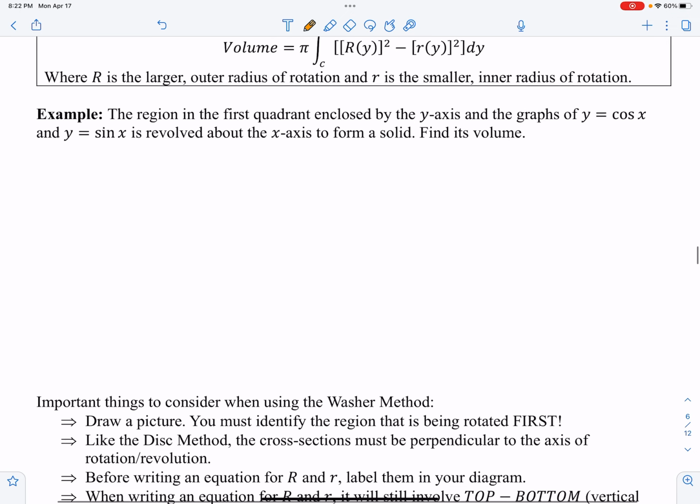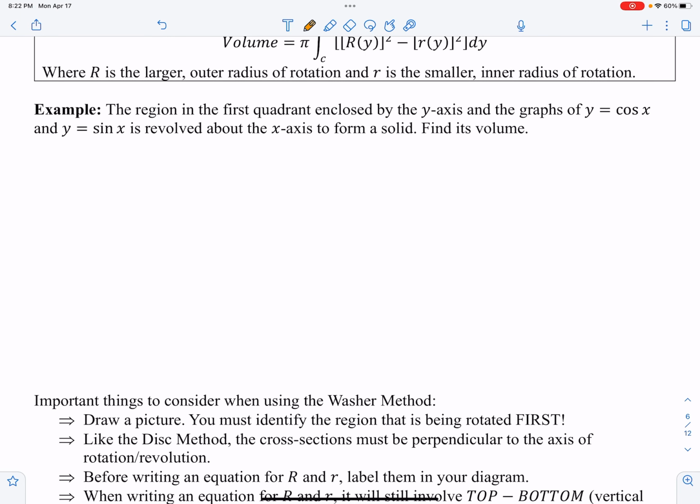So let's find the volume if thinking about having the region in the first quadrant enclosed by the y-axis and the graphs of cosine and sine. Okay. Well, I know sine and cosine both oscillate between -1 and 1.